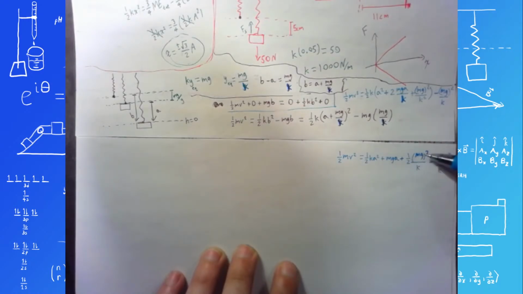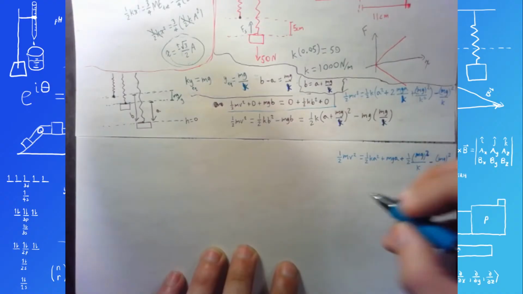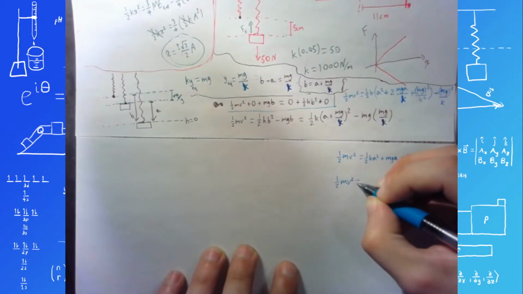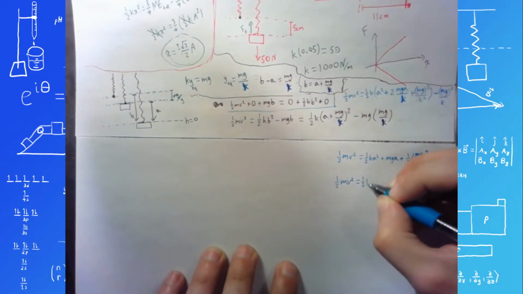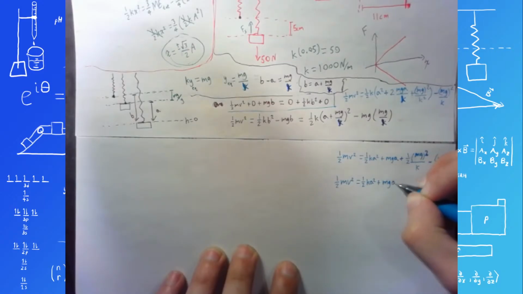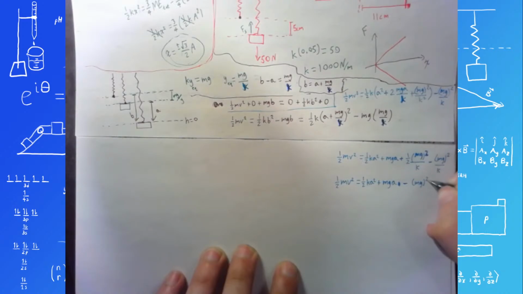Okay, 1/2 of this minus 1 of this is going to be negative 1/2, so 1/2 mv squared equals 1/2 ka squared plus mga minus mg squared over k.